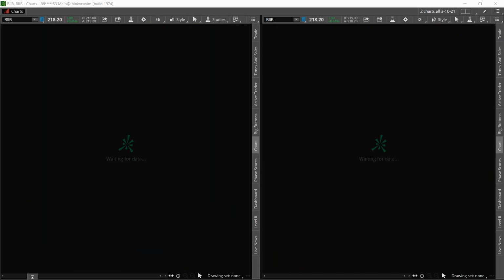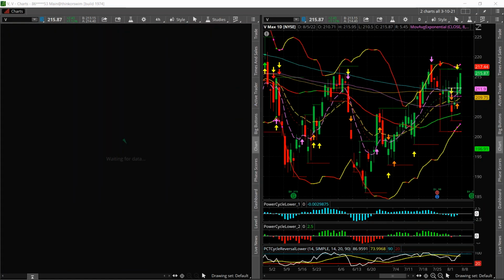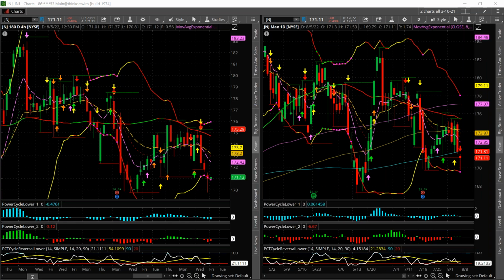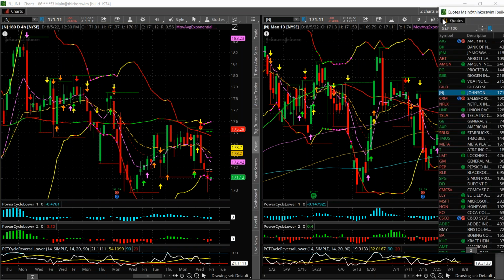Here is Biogen. Here is another one. Here's Visa. And here's another one, J&J. J&J is really sloppy, just starting to squeeze. But the best looking one so far is going to be the JP Morgan.